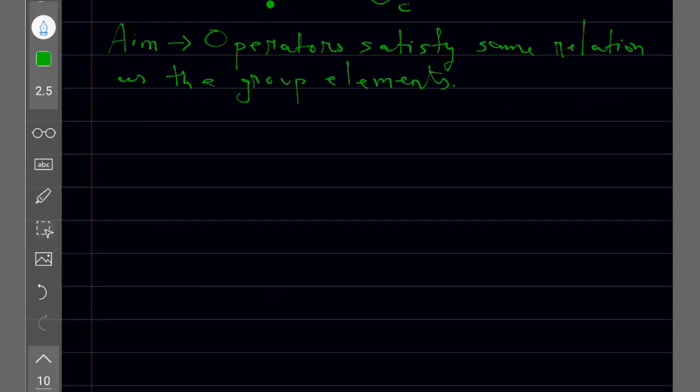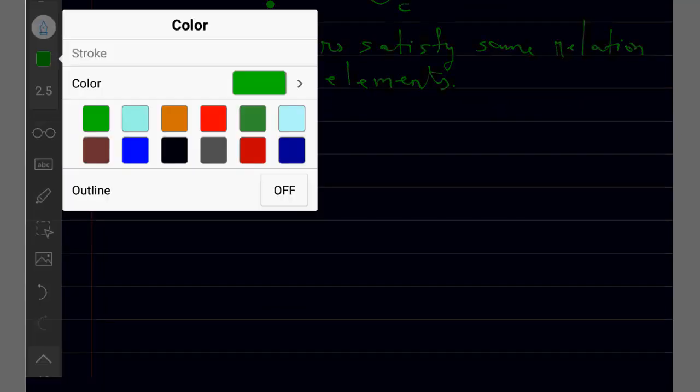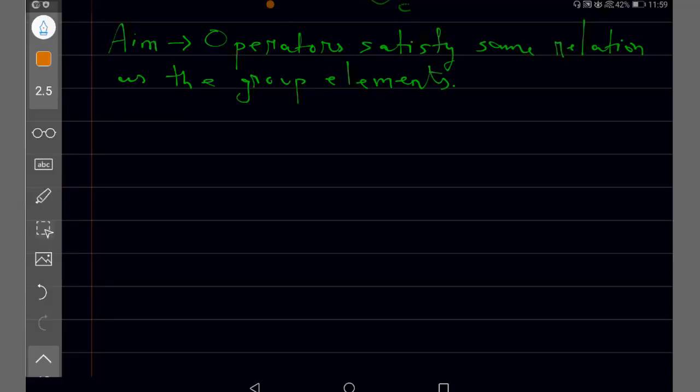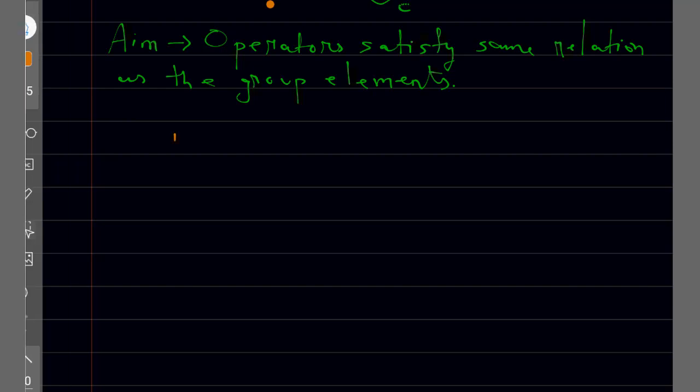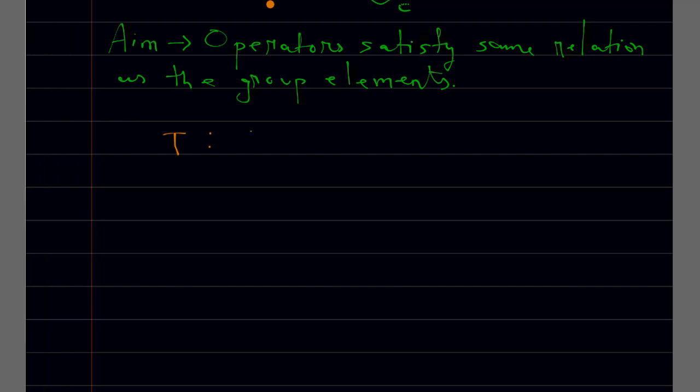Okay, so how to prove this? Now what I'm going to tell you here is going to be very important for you because you will encounter this when you study higher physics books. Now consider there is this group element T such that when T acts on the coordinate X, say you get X prime.